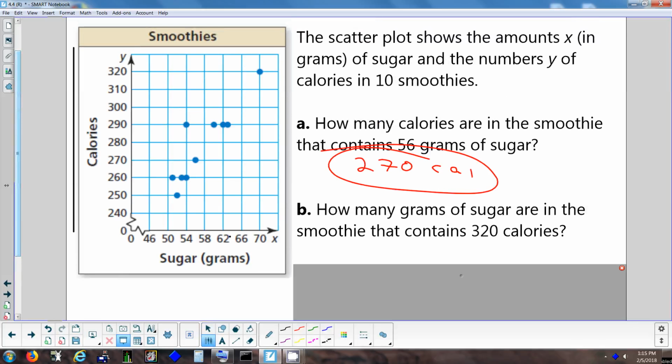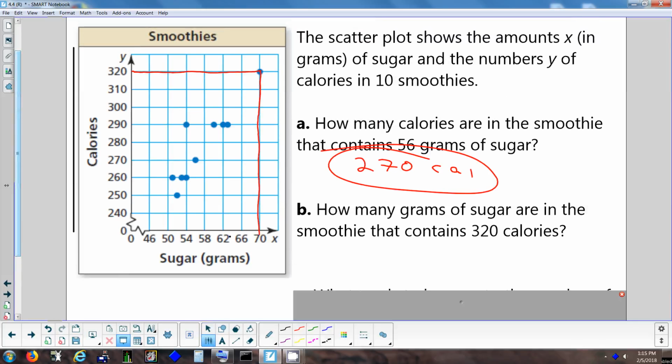Tell me how to figure it out. Well, calories is on the y-axis, and grams is on the x. All right, so what do I do? Well, you look for 320 and go all the way to the right. And then go down, and you can see it's right at 70.